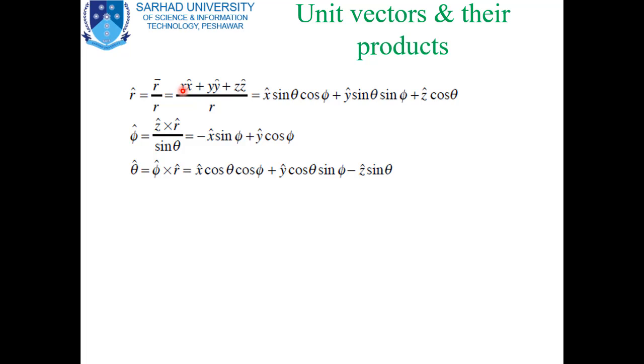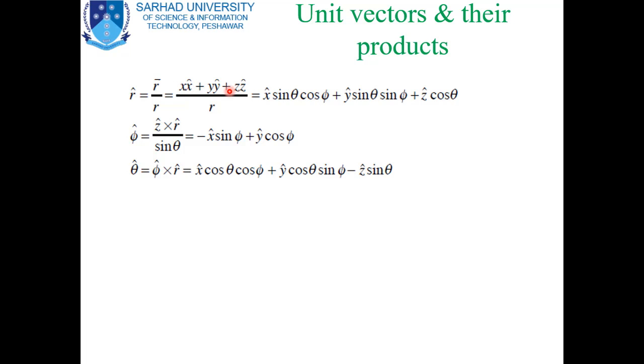So here we have to write r sin theta cos phi. For y we have to write r sin theta sin phi, and for z we have to write r cos theta. So in each term there is r. So in x we have r, in y we have r, and in z we have r.